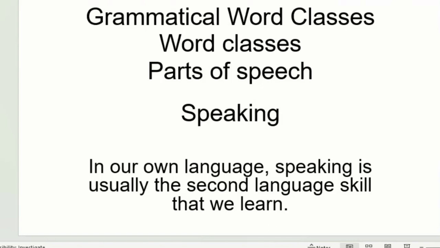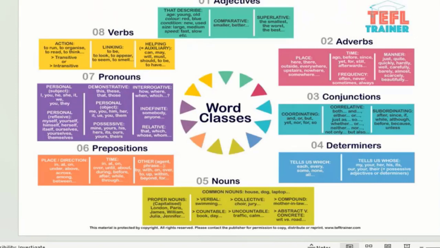It still boils down to the same thing. It doesn't change anything. It still boils down to adverbs, adjectives, verbs, pronouns, prepositions, nouns, determiners, conjunctions. They all fall under word classes.